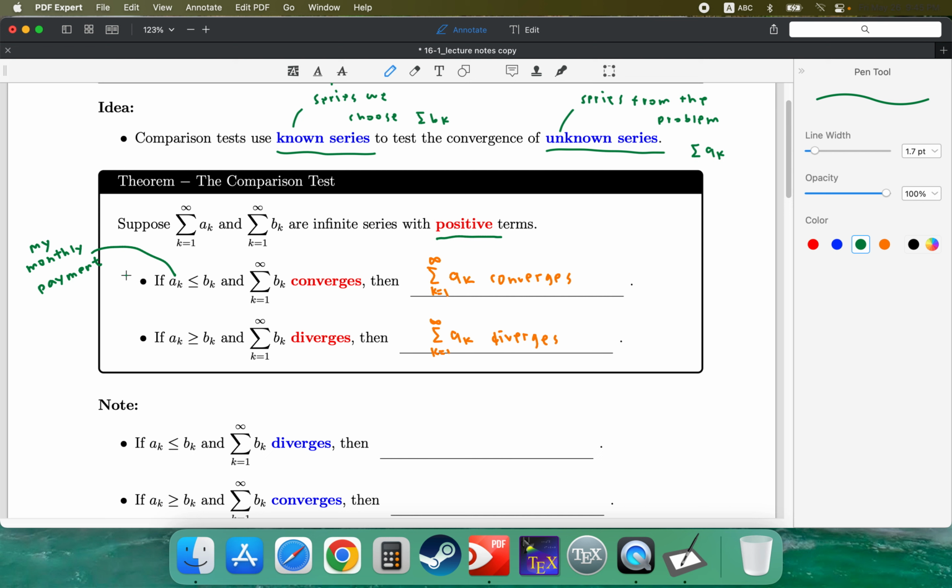Because that's unknown, we will need to pick some series we know to compare with. So here I will pick BK as the monthly payment of Peter Parker.